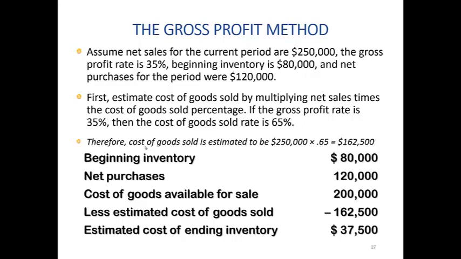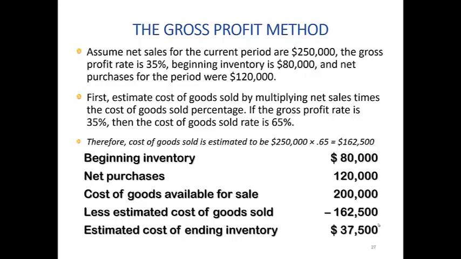In the problem, you'll be given just about every number that you're going to need, but you will need to plug those into the cost of goods sold formula. And that's, remember, beginning inventory plus purchases will give you goods available for sale. And if you subtract out your cost of goods sold, you'll be left with your ending inventory.